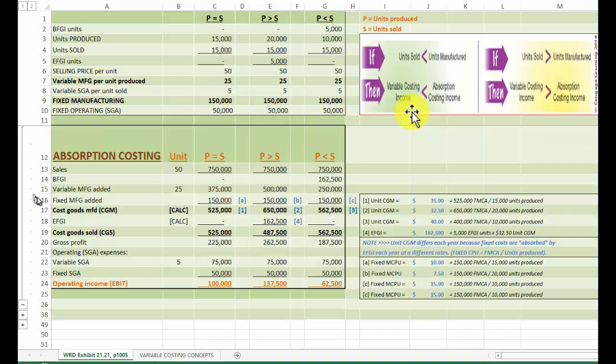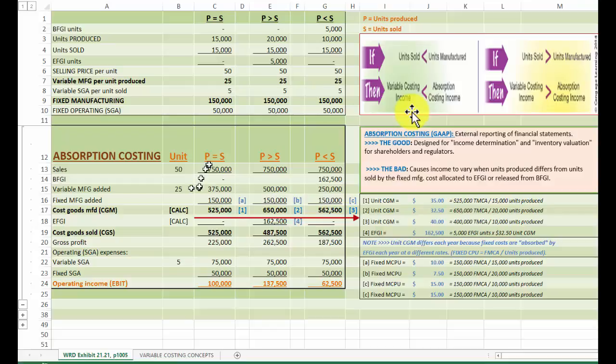So here you have it. When production equals sales, the full absorption costing would report 15,000 units times $50 sales per unit, so $750,000 of sales. The total cost added would be, for variable manufacturing, $25 a unit times the 15,000 units produced, or $375,000.